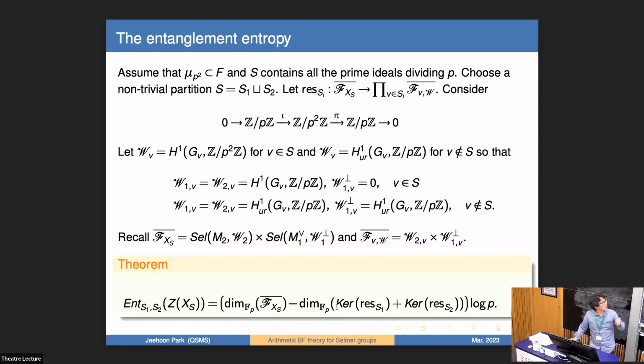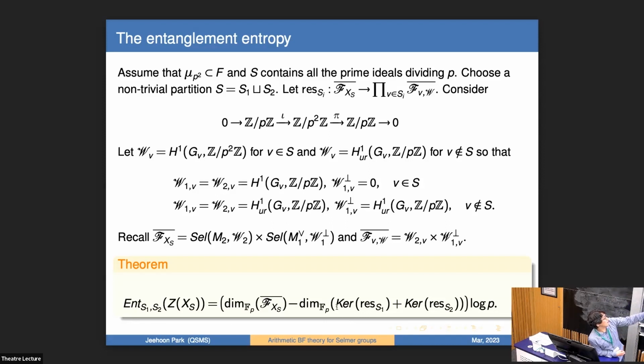So the easiest example would be just G mod P squared, with pi to G mod P, and local conditions. W1 is the whole thing in S, and W2 is the same, because the inverse of the local condition should be the local condition for G mod P, and the pi of the local condition has to be the local condition for the quotient.